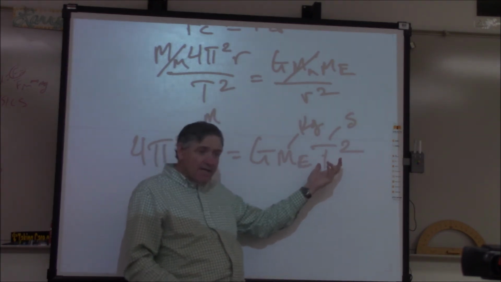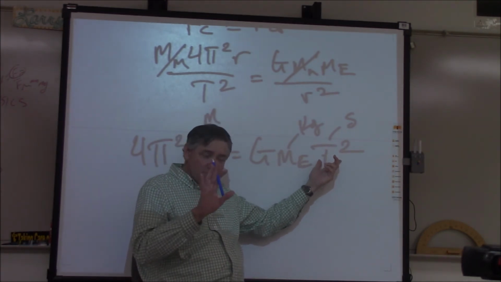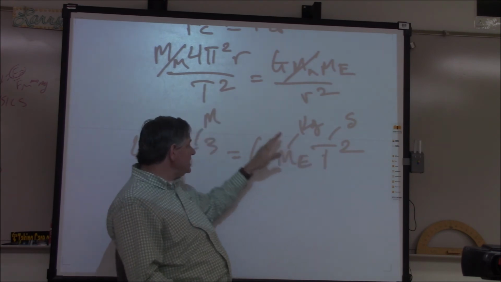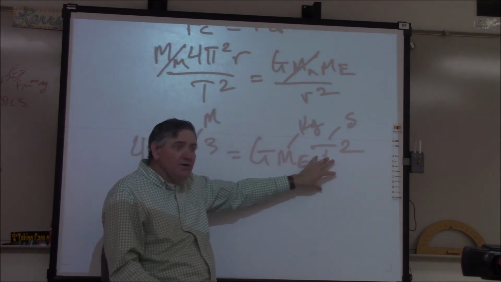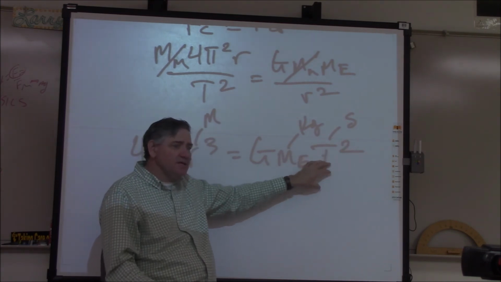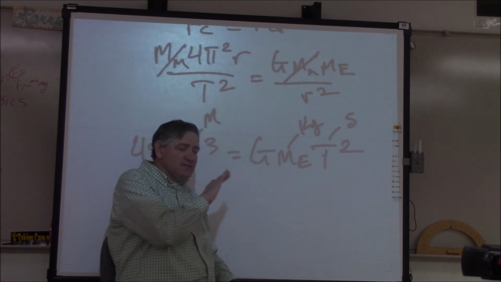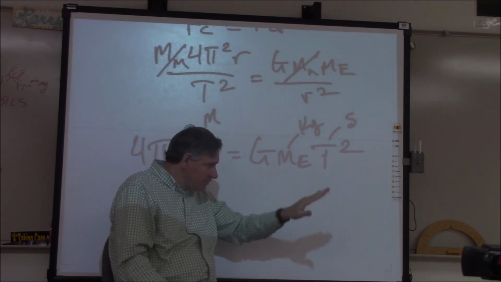This is not Kepler's third law, where you can let T be anything that you want it to because it's a ratio. So anytime you're seeing big G, make a mental note and say, oh, this T has to be in seconds. That's the only way this thing works.